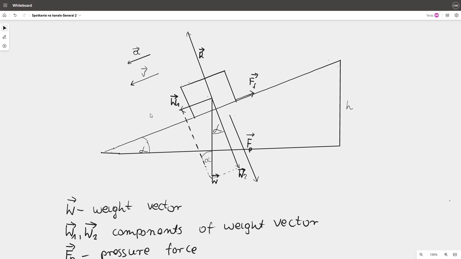So, we have a block sliding down the ramp with friction. We have to draw all forces acting on the block. It is weight here, it is reaction force here, often called normal force, and friction force here.